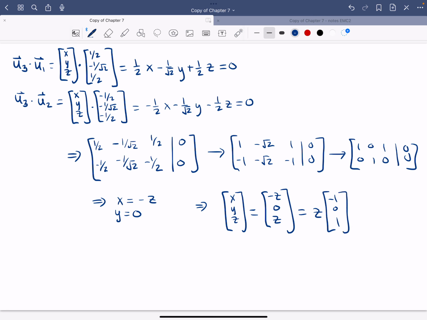But of course I want to normalize. So I'm going to take that vector, negative 1, 0, 1, and normalize it. It gives me negative 1 over rad 2, 0, 1 over rad 2. Now that I've done this, I have enough information to build my U matrix.